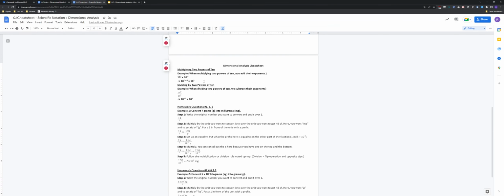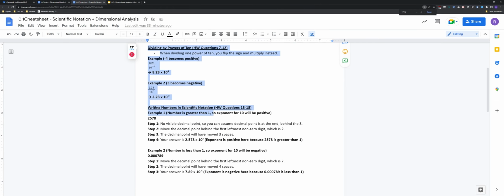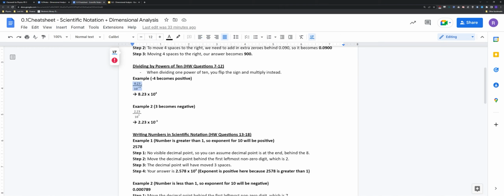Because on your cheat sheet, on the first page, scientific notation, I tell you that when you're dividing by powers of 10, let me make it a little bit larger, you're actually going to flip the sign and multiply instead. So, for example, if you're doing 8.23 divided by 10 to the negative 4, when you finish this out, you're going to multiply by 10 to the positive 4.